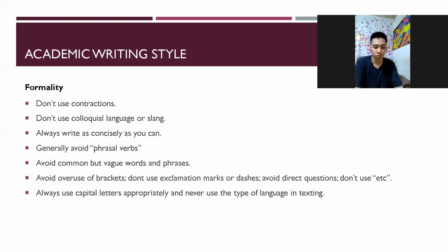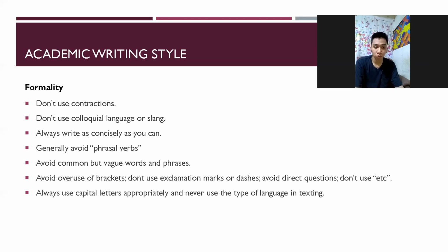So instead of those, use do not, are not, is not. Next is don't use colloquial language or slang, since it's about formality. Don't use a word like kid. Use a much more formal word, like child.